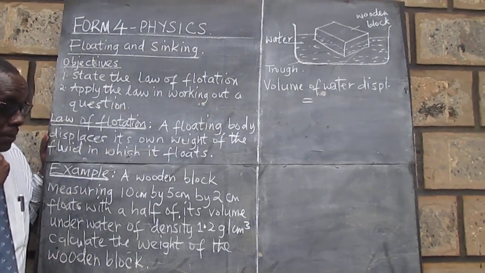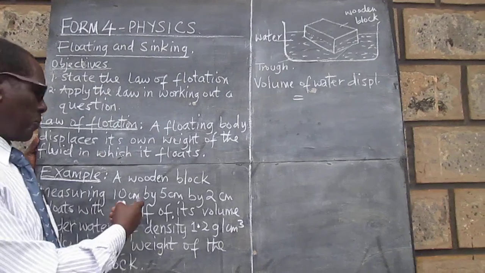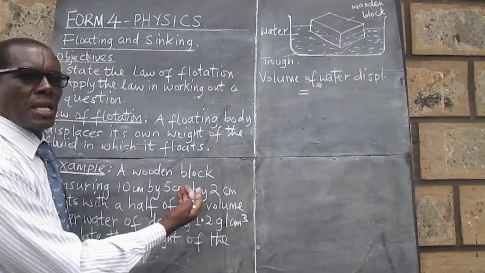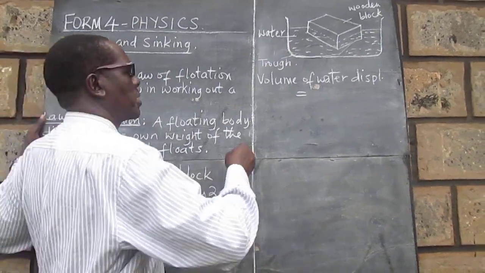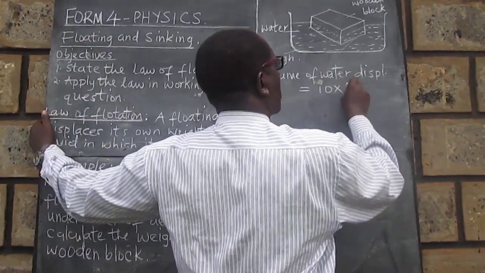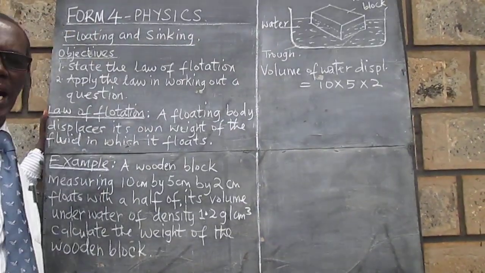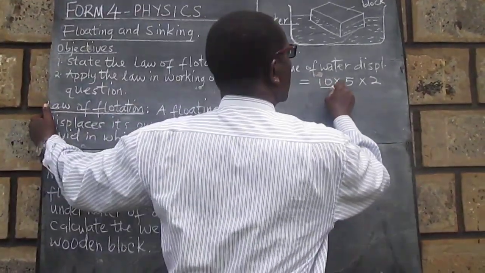That's the water. So volume, we can use the formula for volume: length times width times height, and therefore it's going to be 10 by 5 by 2. And because we are told it's a half, then we are going to divide this by 2.